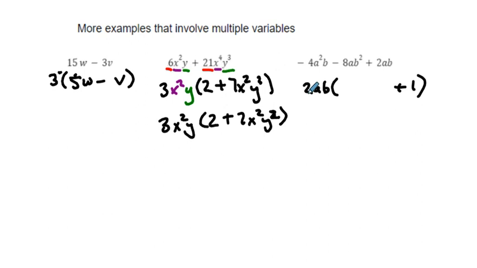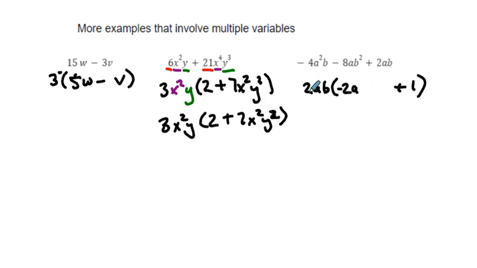Well, I'm going from 2 to negative 4, so I'm going to need negative 2 to get that, because negative times positive is the only way you can get to that. And I'm going from 1a to 2a, so I need another a. So I'm just going to write a. And then b, to get to b, it's the same. So that's good.